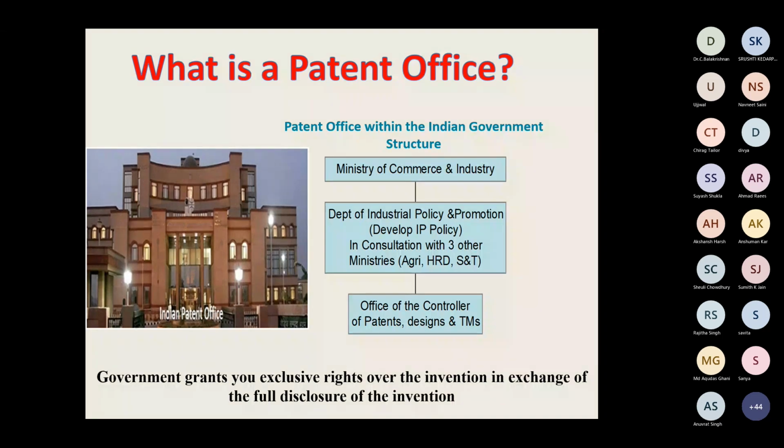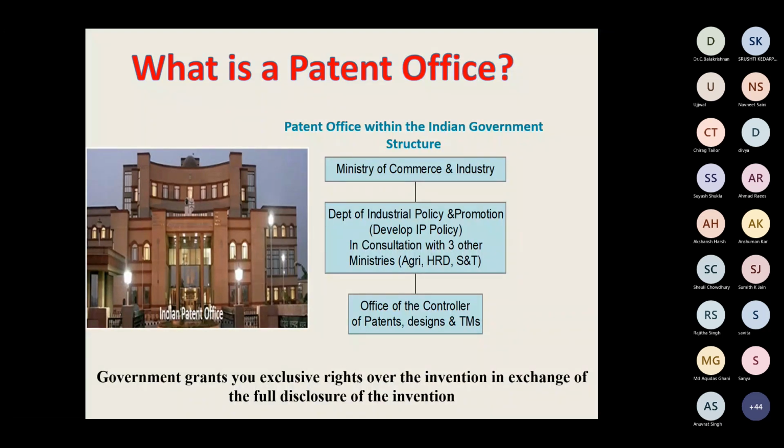Now, under this ministry, the patent office comes, and we have one office of the Controller of Patents, Designs, and Trademarks. Presently, we have four patent offices across the country. These are in Delhi, Mumbai, Kolkata, and Chennai.